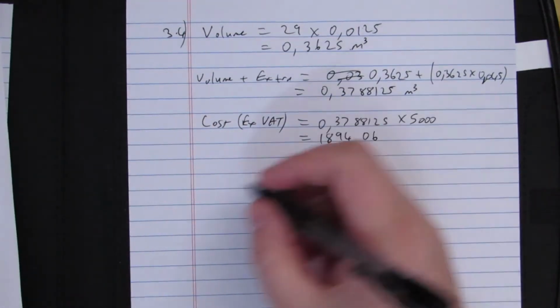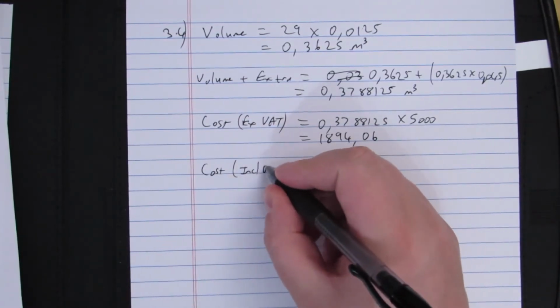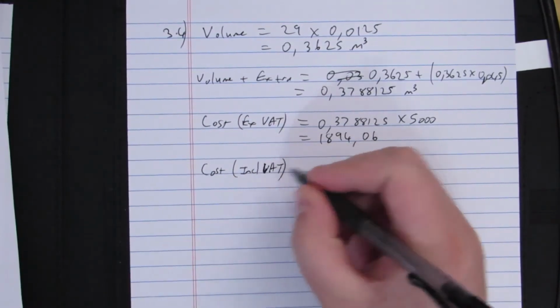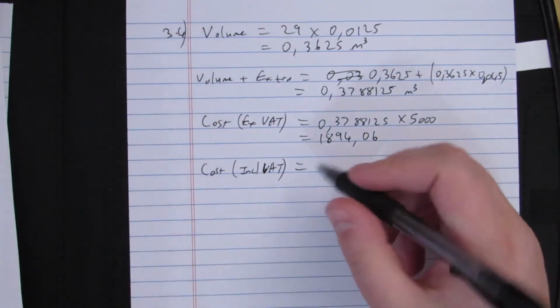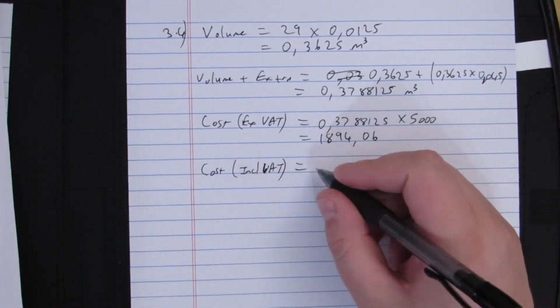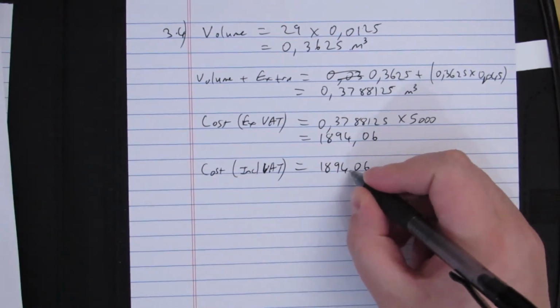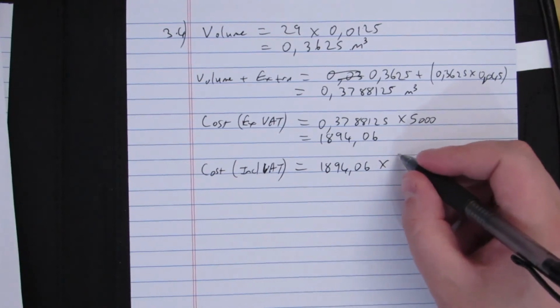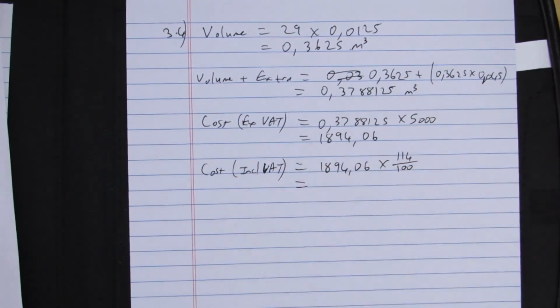Now we want the cost, including the VAT. So if you remember, I use this method. If I want the cost inclusive of VAT, I have my exclusive VAT here. What I want is 114. What I have is 100.